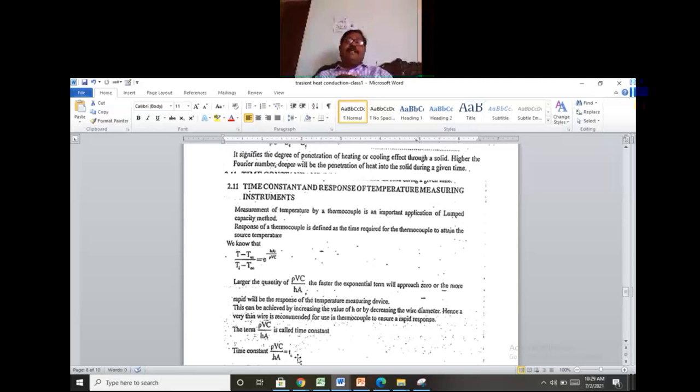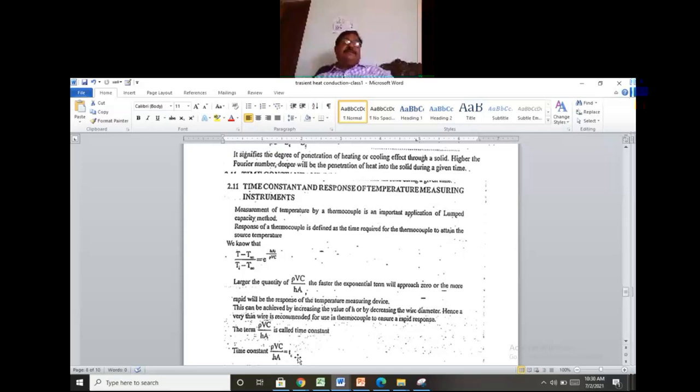Time constant and the response of temperature measuring instruments. Measurement of temperature by a thermocouple is an important application of lumped capacity methods. The response of a thermocouple is defined as the time required for the thermocouple to attain the source temperature.